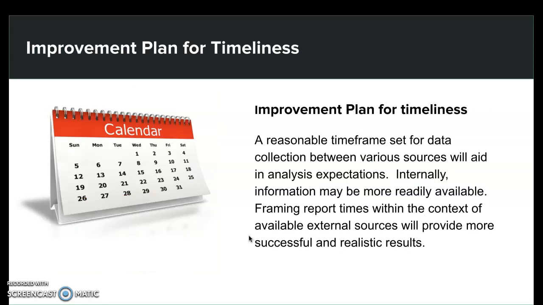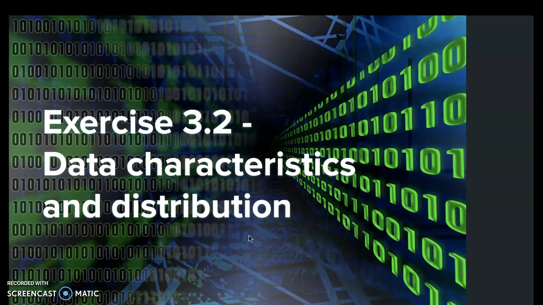And so an improvement plan to combat this is a reasonable time frame set for data collection between various sources, which will aid in analysis expectations. Internally, information may be more readily available, and framing report times within the context of available external sources will provide more successful and realistic results.